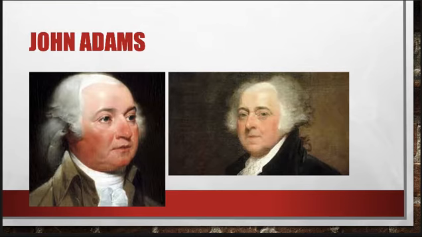So now John Adams has inherited all these problems. We got the Jay's Treaty, which had just happened, which is very favorable to the British. How do you think the French feel about that treaty? They don't like it, okay?